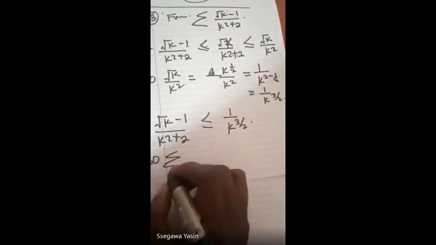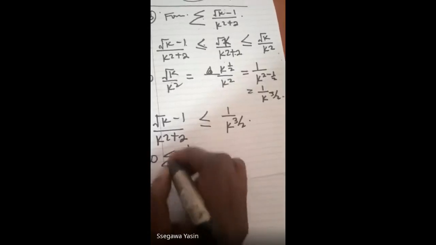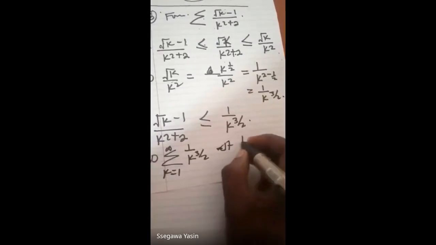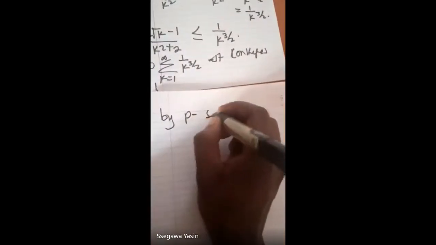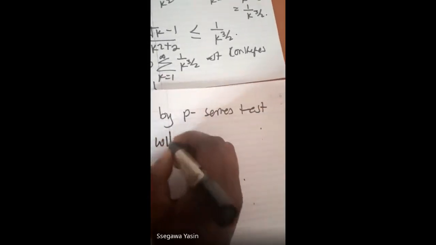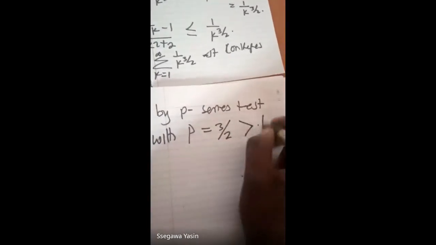So, summing up, the sum of 1 over k to the power 3 over 2, k from 1 to infinity, what will it equal to? It converges. It converges by the P series test with P equal to 3 over 2, which is greater than 1.